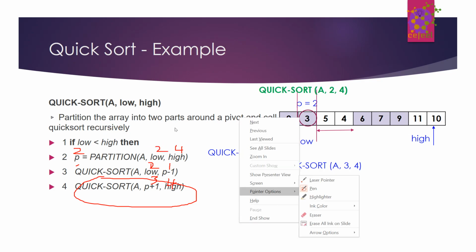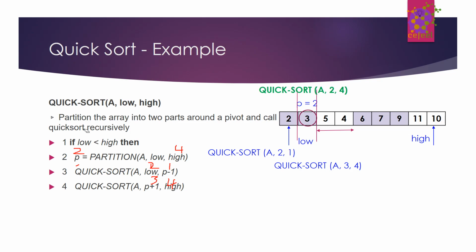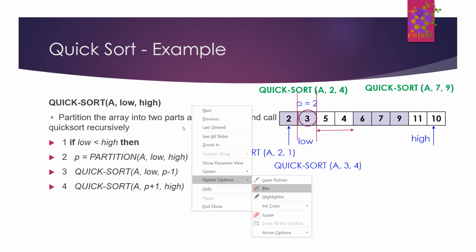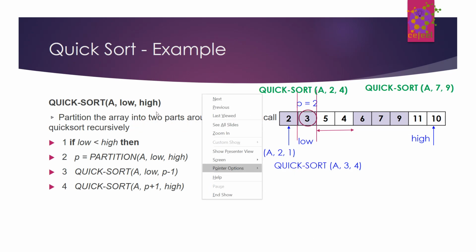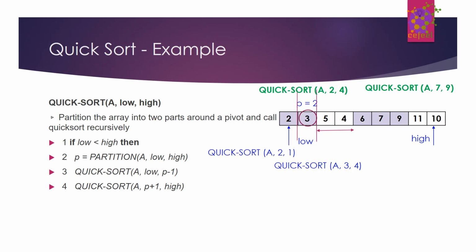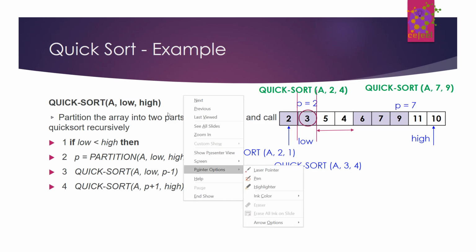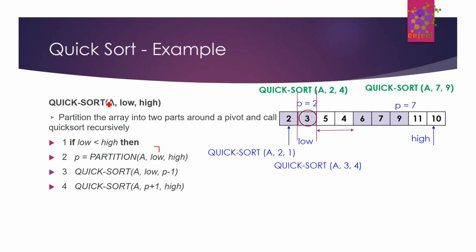Awesome. Now let's see what the right side of the partition resulted in. So the right side made a call to A 7 9. Now A 7 9 is basically called partition 7 9, and this returned back p equals 7 as a result.